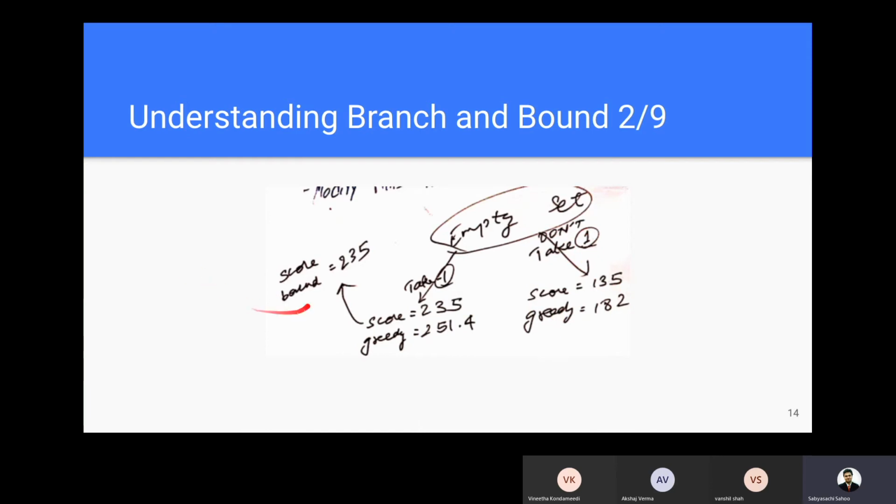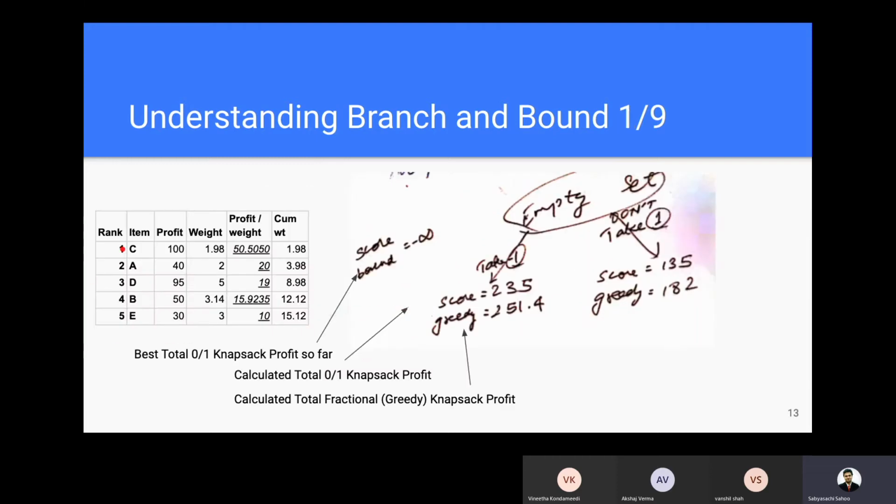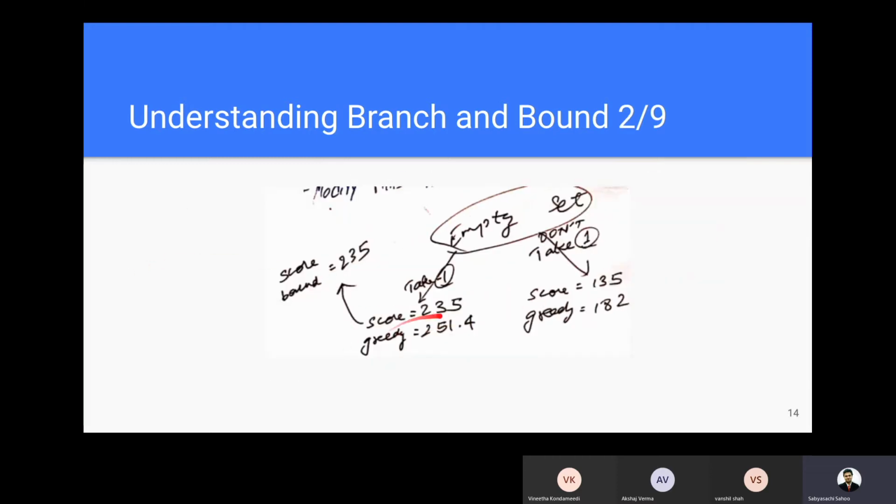Now every time we find a new better 0-1 knapsack value, we update our score bound. If we took one, we found a 0-1 knapsack value of 235. So essentially there exists a solution, where you take C, A, D, that gave you the score 235 in a 0-1 knapsack setting.